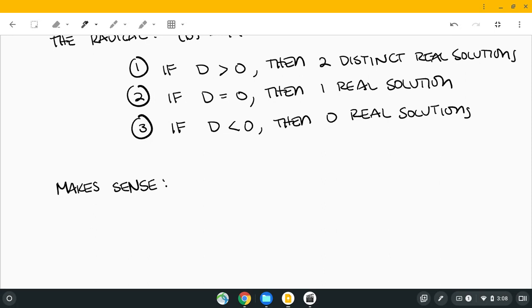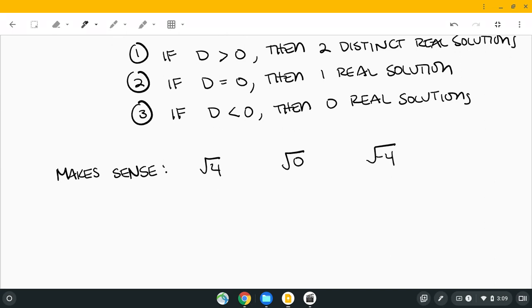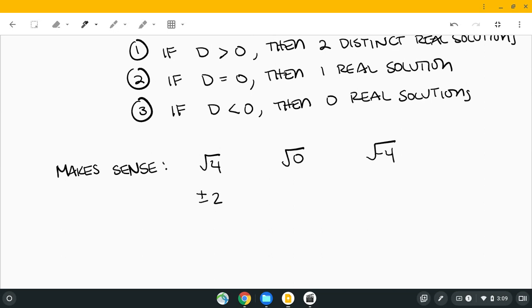So we know that if you have square root of 4, this is that first case. The discriminant is greater than 0, like 4. Then we'll look at the second case where the discriminant is 0, so inside the radical is 0. And then the third case where the discriminant is negative, like negative 4. If we have the first case where it's positive, then we have two answers, two distinct real solutions.